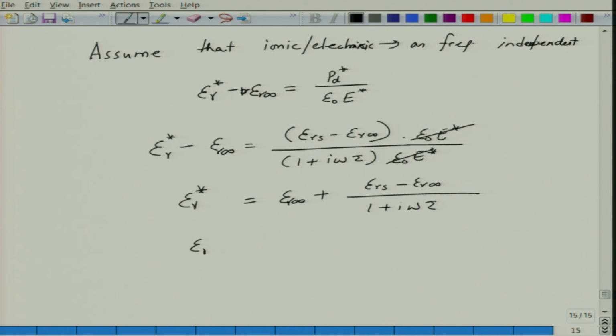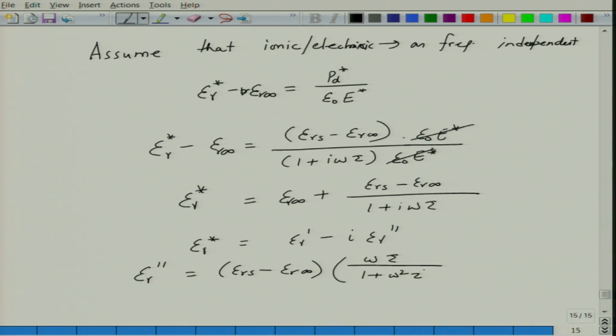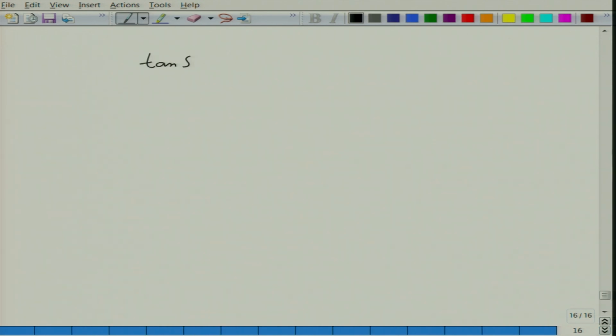And we know that epsilon r star can be written as epsilon r prime minus i epsilon r double prime. So, if you separate the real and imaginary parts, epsilon r double prime will be equal to epsilon rs minus epsilon r infinity into omega tau divided by 1 plus omega square tau square, and epsilon r prime will be equal to epsilon r infinity plus epsilon rs minus epsilon r infinity divided by 1 plus omega square tau square, and tan delta will correspondingly be epsilon r double prime divided by epsilon r prime.